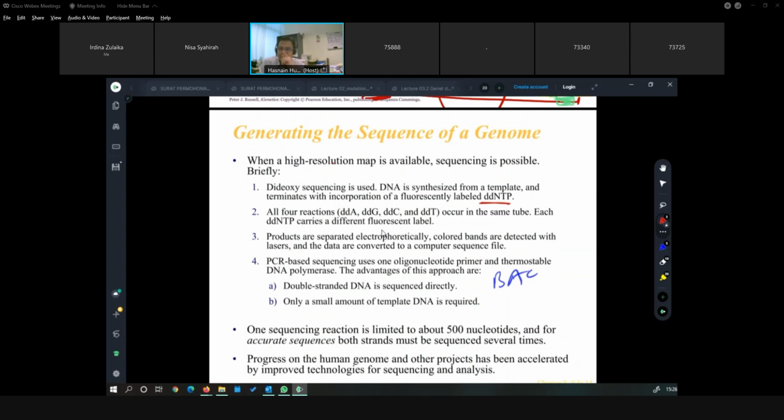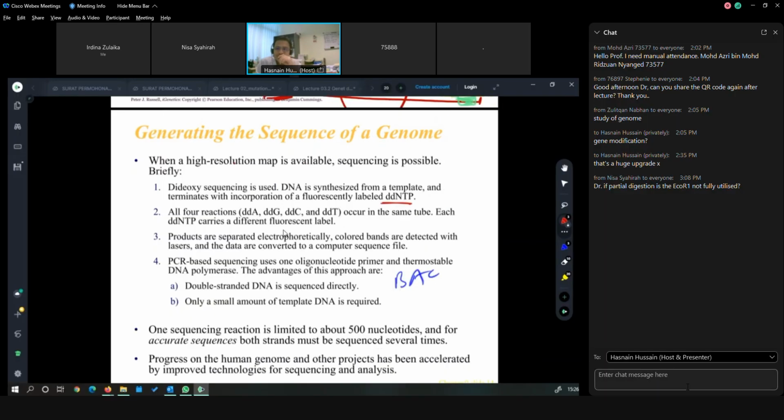You recall the nucleotide structure. Can anyone recall what is in the nucleotide in terms of the chemical constituents? Pentose sugar, yes. Phosphate group, okay. Nitrogenous base. All right, well done.